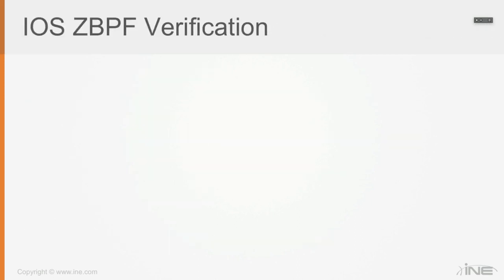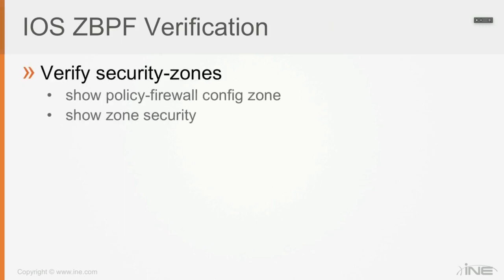Verification wise, we verify the security zones. Now, highly recommended to use the new command version, which is show policy firewall config zone. The show zone security is the old version of the command. Both of them show pretty much the same thing. The new command is show policy firewall, the old command is show zone security, and the new command makes much more sense.